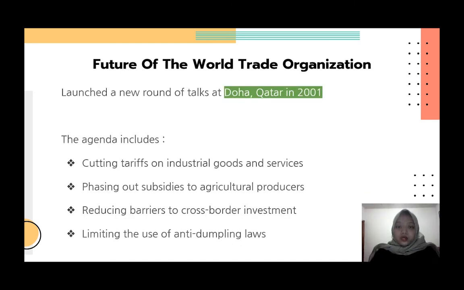The World Trade Organization launched a new round of talks at Doha, Qatar in 2001. The agenda includes first, cutting tariffs on industrial goods and services; two, phasing out subsidies to agricultural producers; three, reducing barriers to cross-border investment; and the last one, limiting the use of anti-dumping laws.